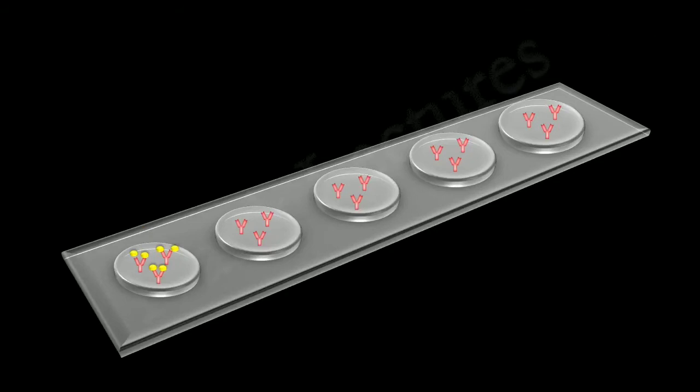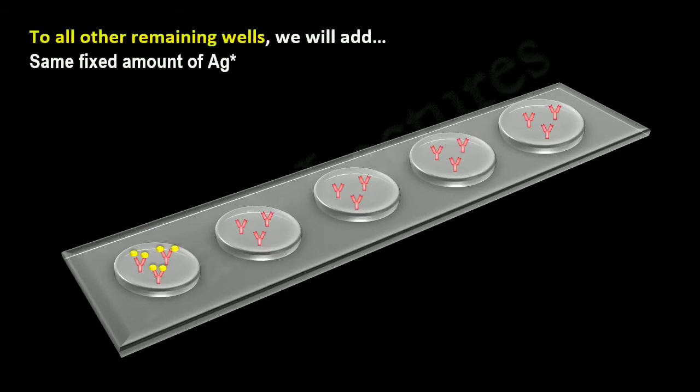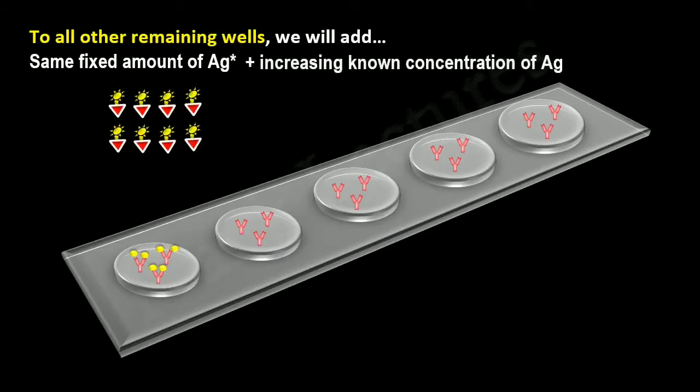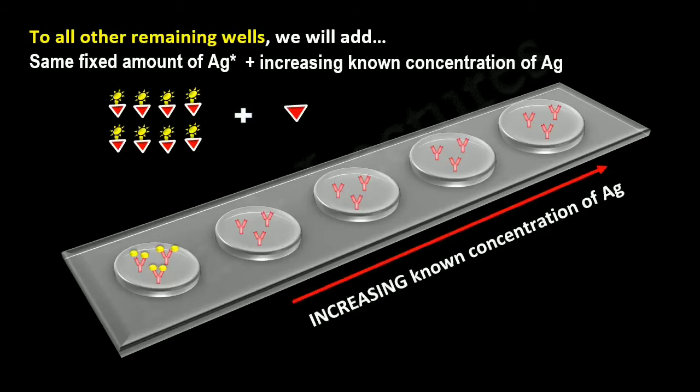Next, we will add the same fixed amount of radio-labeled antigen in all other wells too. But along with this, we will add unlabeled antigen in increasing varying concentrations. That means, to each well, a fixed amount of radio-labeled antigen and an increasing amount of unlabeled antigen is added. What will happen now?